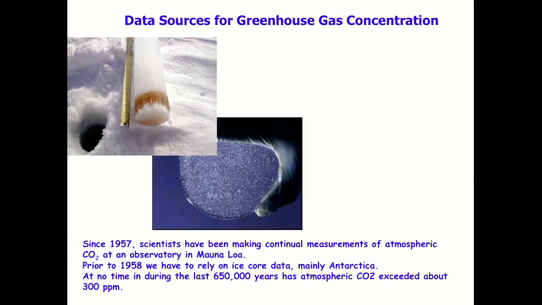But at no time during the last 650,000 years, based on analysis of all those little gas bubbles trapped in these ice cores as a function of depth, at no time during the last 650,000 years, probably 800,000 years, has the CO2 exceeded 300 parts per million.